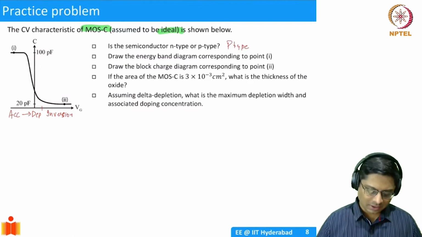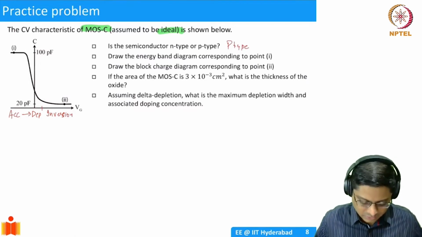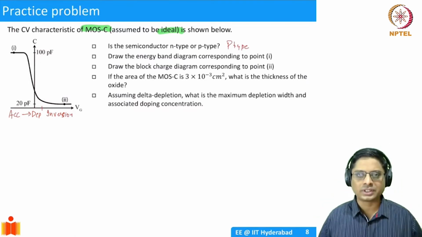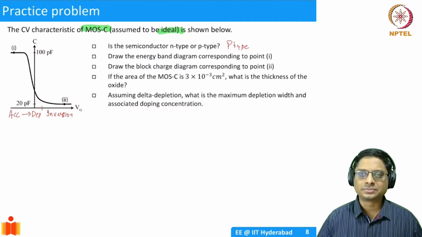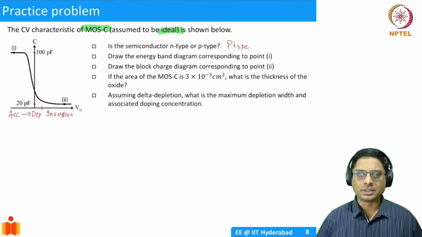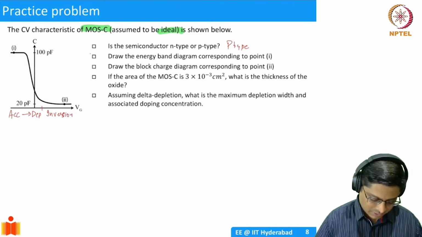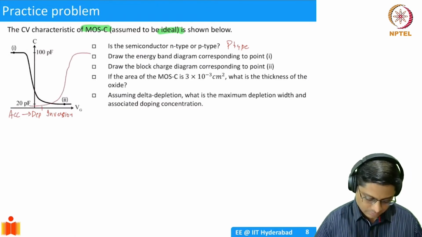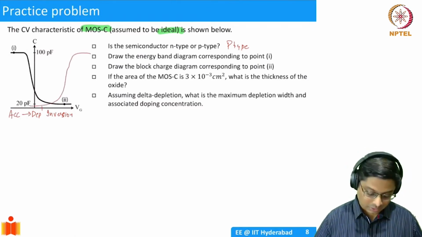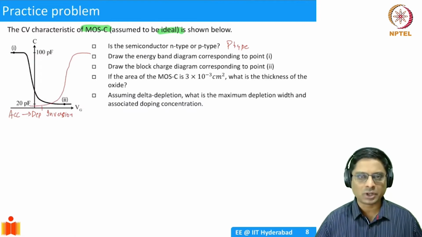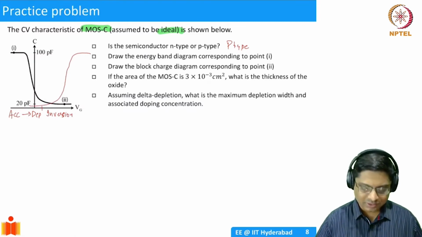You can't simply say that if your capacitance is lower at positive gate voltages, it is P-type, because I could have as easily a capacitance curve which looks like this. Here also at positive gate voltages you're having the smaller capacitance, but this is not a P-type substrate.